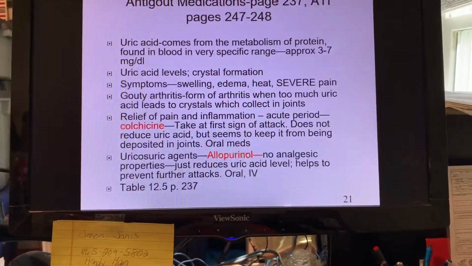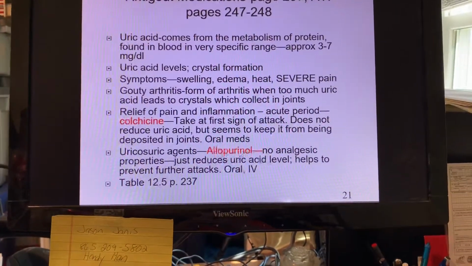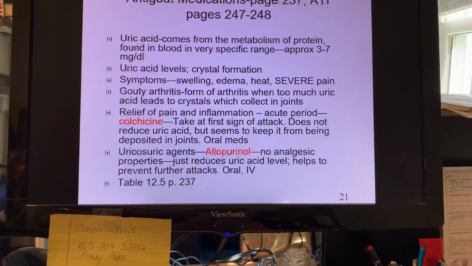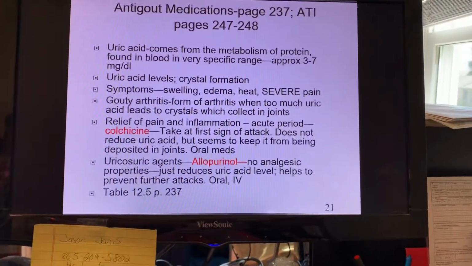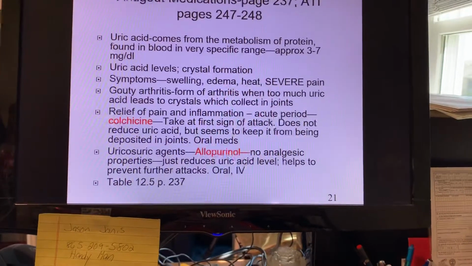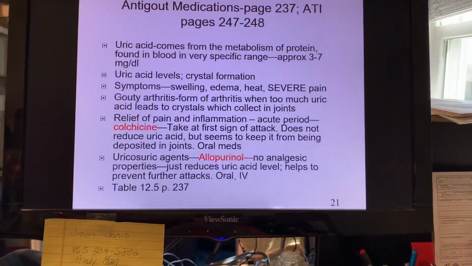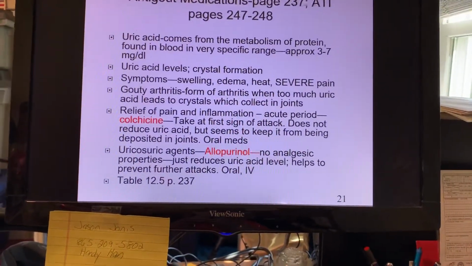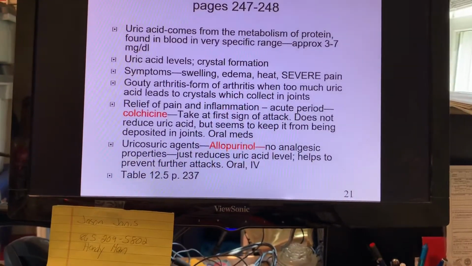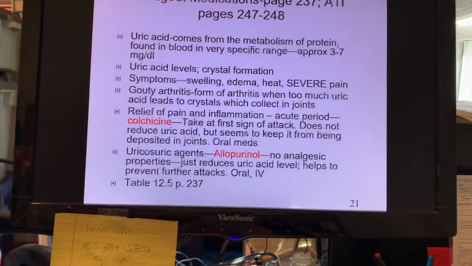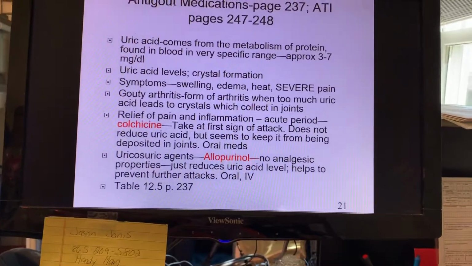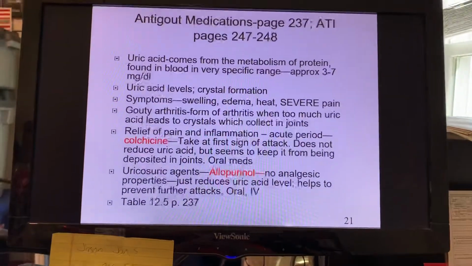So gouty arthritis forms when this uric acid leads to crystals that collect in one of your joints. And this poor person in the prior slide, as you can see, has had them build up in their hands. Many times the big toe is a favorite place for uric acid crystals to form, and sometimes the elbows.